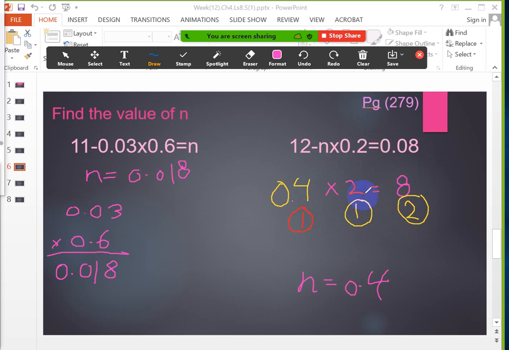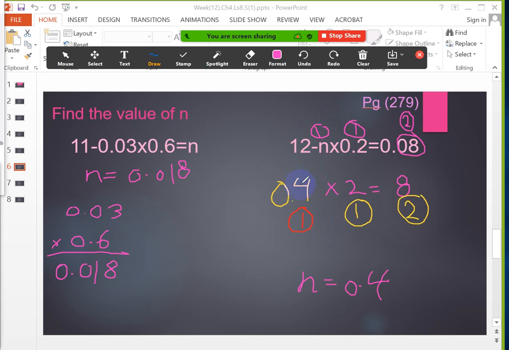But here I want to put the decimal point. This is a decimal number. In this number, I have only 1 digit after the decimal point, right? And here, I have 2 digits after the decimal point. So to put 2 digits after the decimal point in the product, I have to put 1 here and 1 also after the decimal point here.